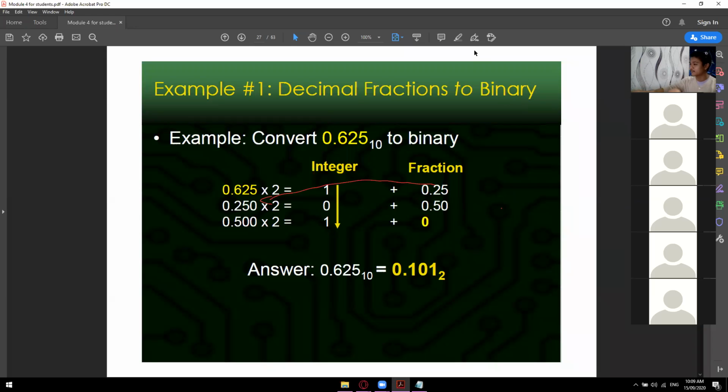Hindi naman pwedeng maghintay na lang tayo dito ng 20 minutes. Okay, Mr. Michael. Nagets mo naman tong part na to? Decimal fraction to binary? Or hindi pa gaano?